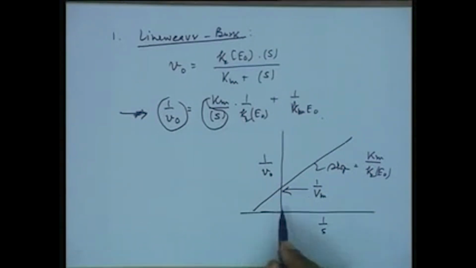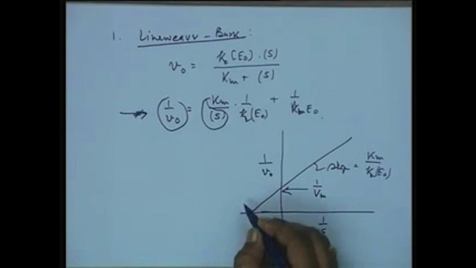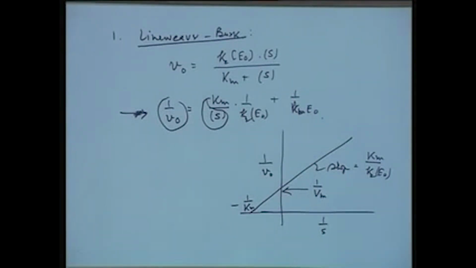And of course, on the x axis the intercept will be minus 1 upon Km. So in a very simplistic way, with a double reciprocal plot, one can analyze the experimental data obtained on the rate of reaction as a function of substrate concentration and verify the hypothesis.